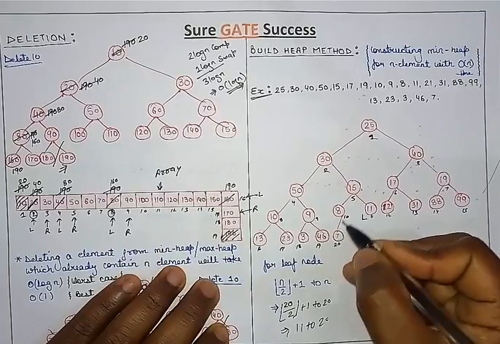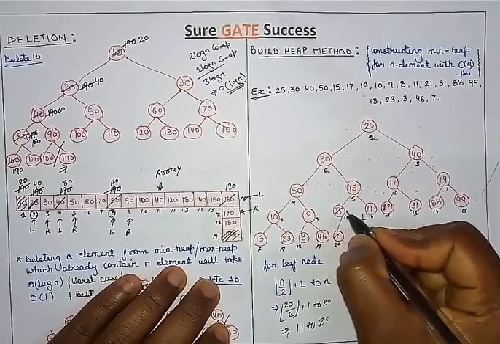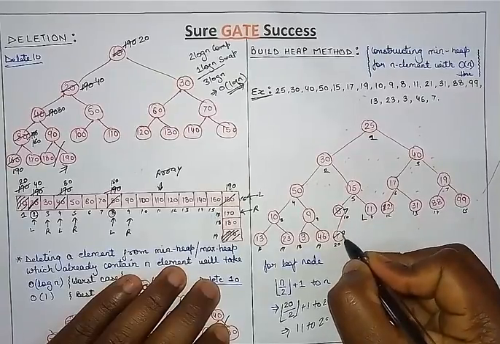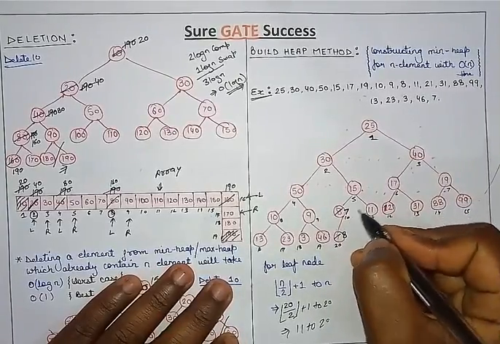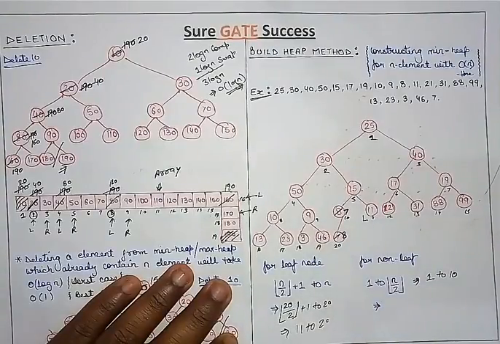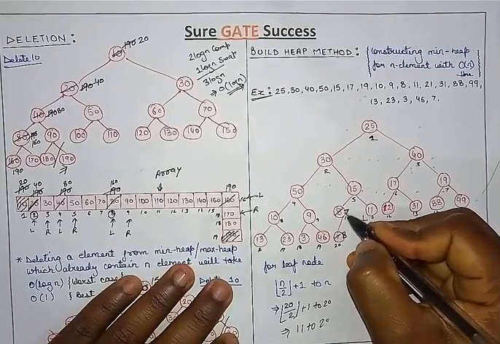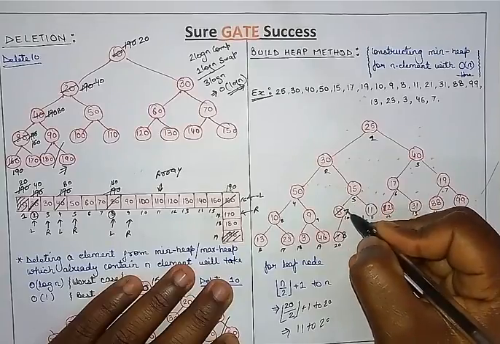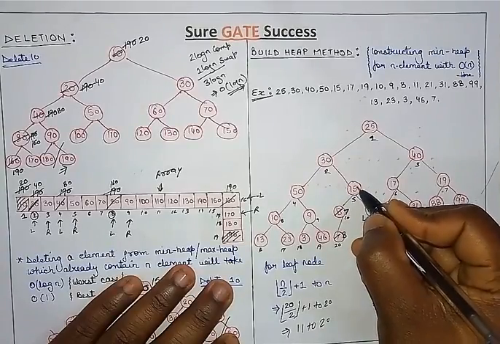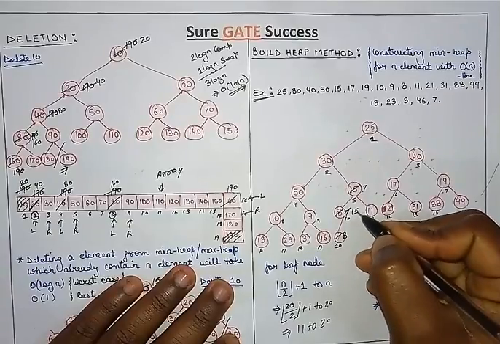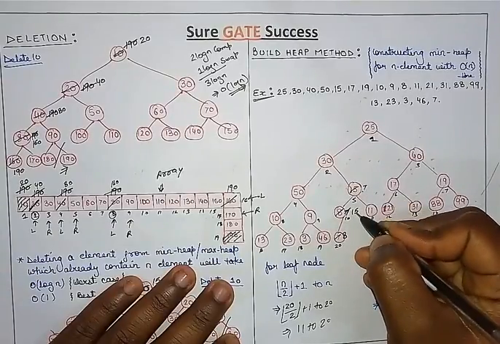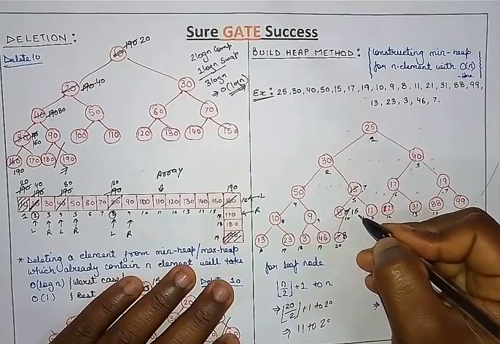So 7 will be placed on the upper level and 8 will be placed here. We have to swap the values. Now we check the upper level. 7 has to replace 15, because 7 is smaller than 15.